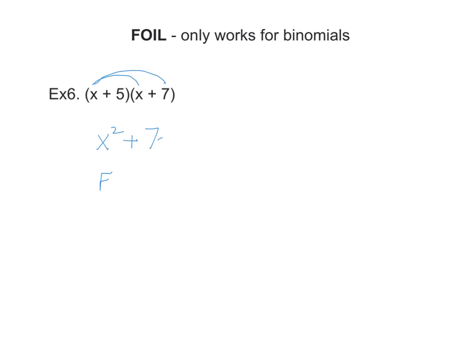The 7 times the x. That's the O. Insides will be those two numbers, 5 times x. And the last numbers, the L, multiply together to give me 35. So it's just a clever way to help you remember what you need to distribute.